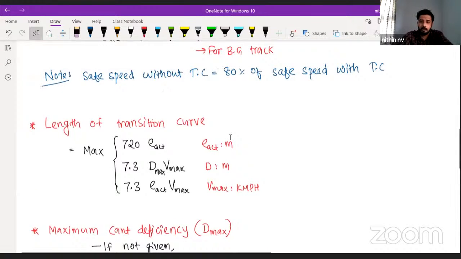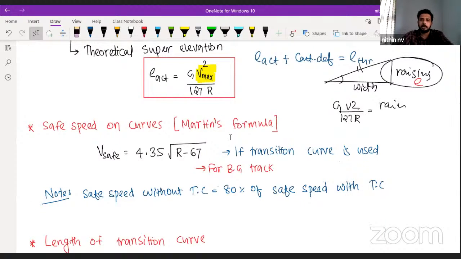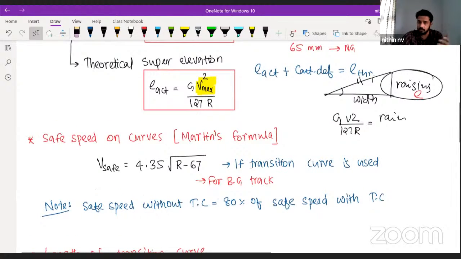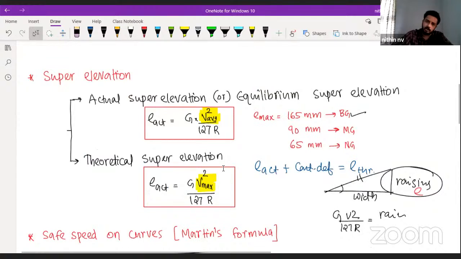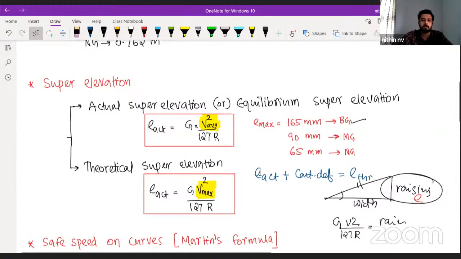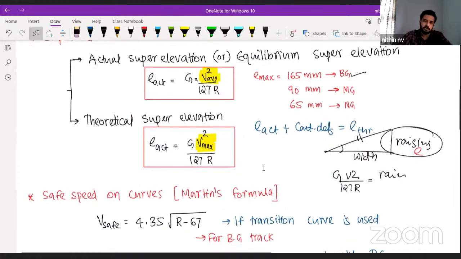Now, some safe speed equation. It is almost outdated, but you can simply remember it only for the broad gauge track. Just remember this equation. We are going to do questions based on this, E actual and all. Don't get confused, we are going to solve questions. This is just an introduction I'm giving. Safe speed, you just remember.